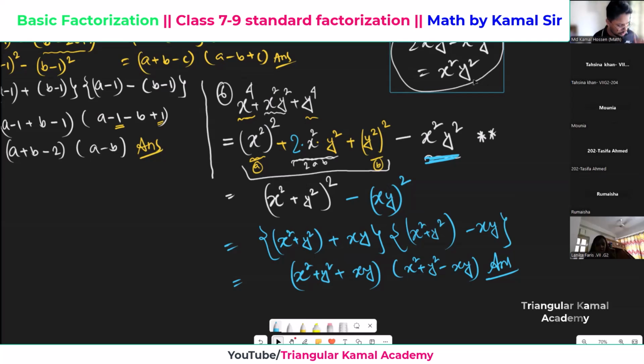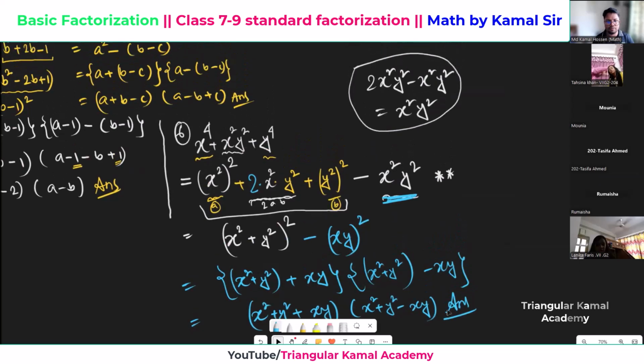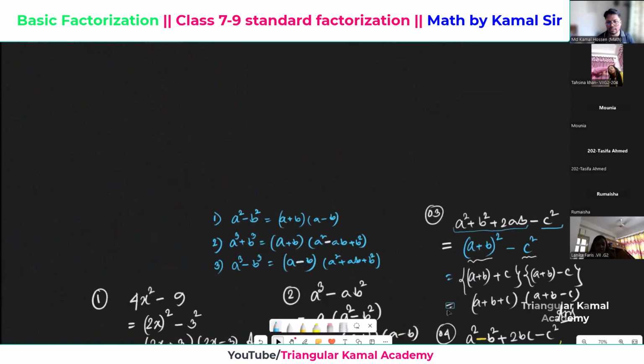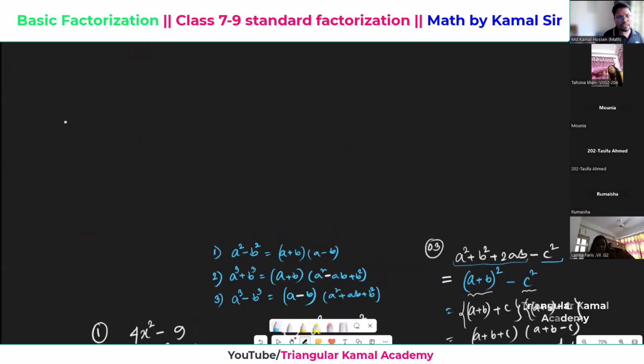Now we will do few maths by using the formula of a cube plus b cube and a cube minus b cube. Can we start the next math? Please let me know. Yes, sir. Okay, this is the formula here. Now, math number 7.